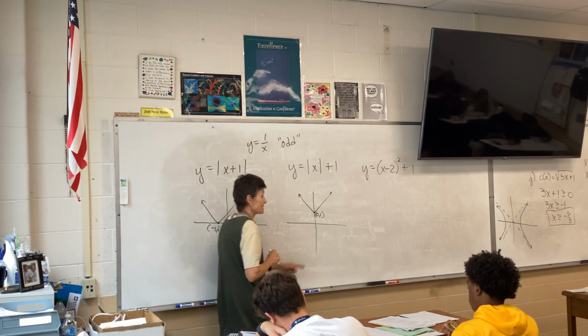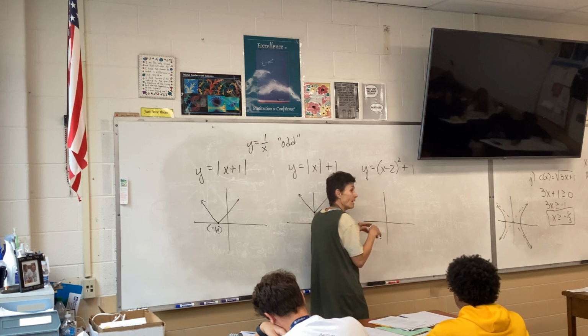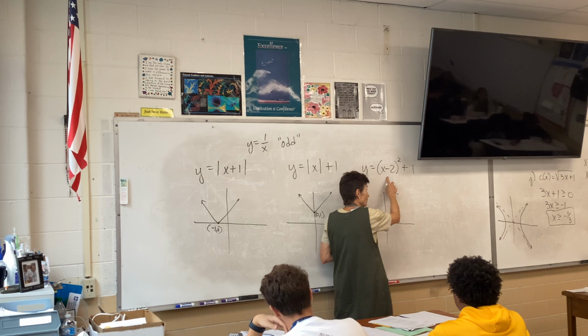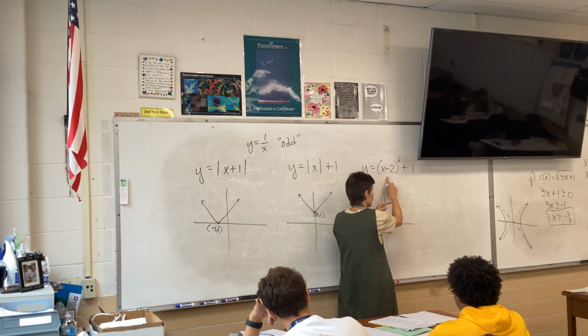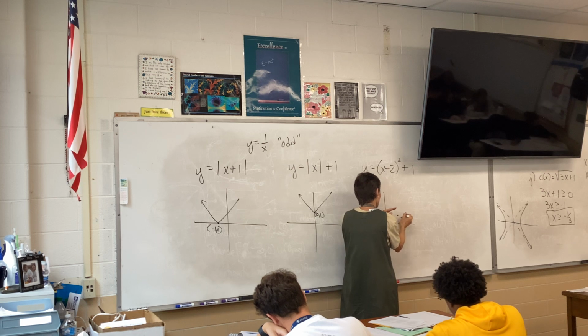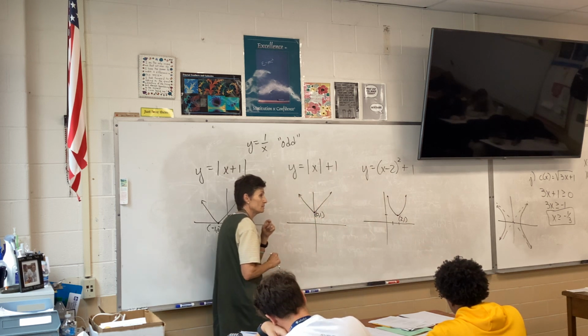Now, this is not a V. What shape is this? But it's the same idea, but we've done both. So what does this do? Right 2 and up 1. So now I have my parabola, right 2 and up 1.